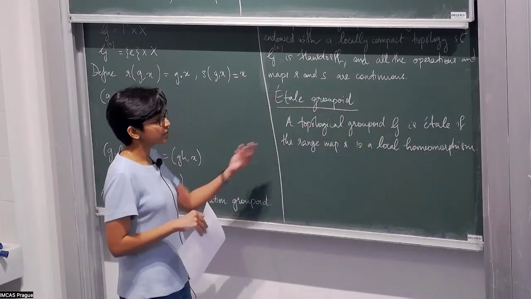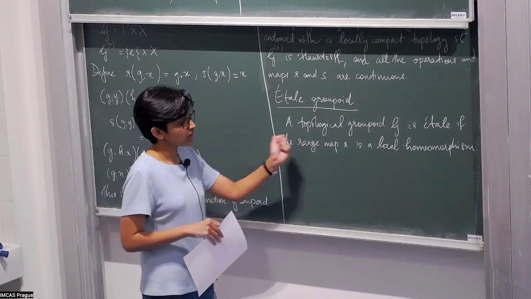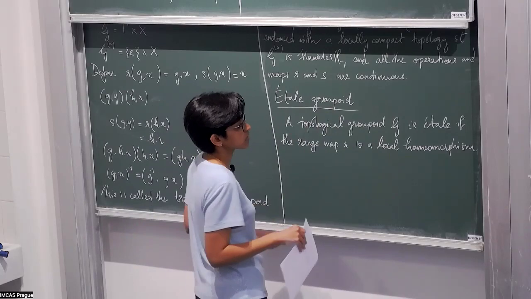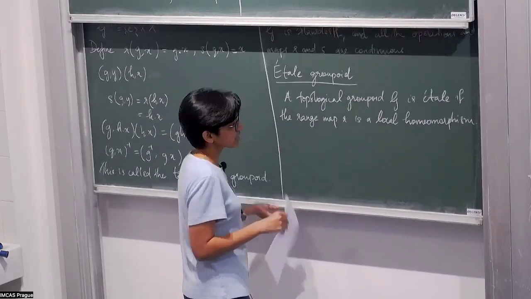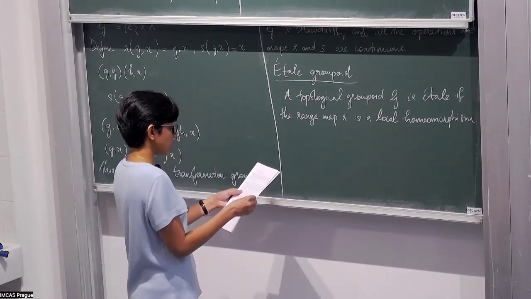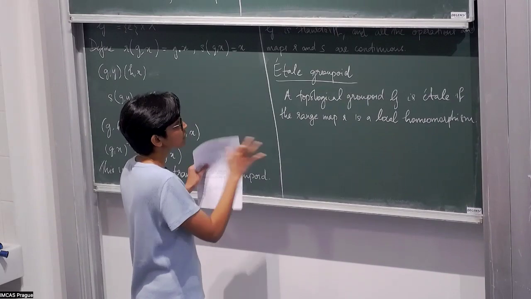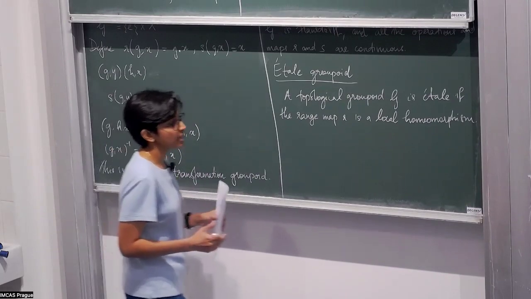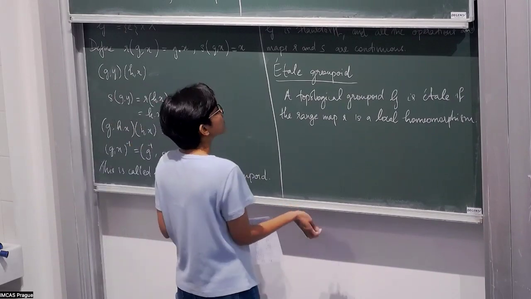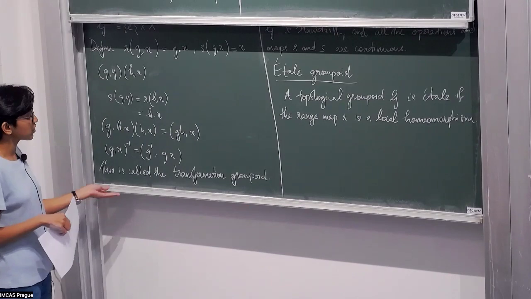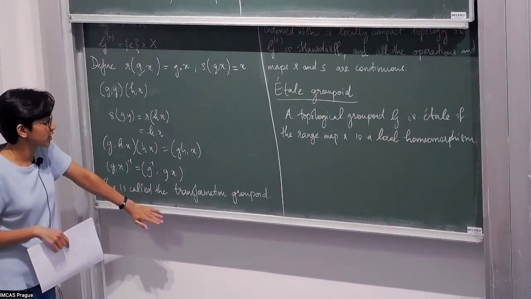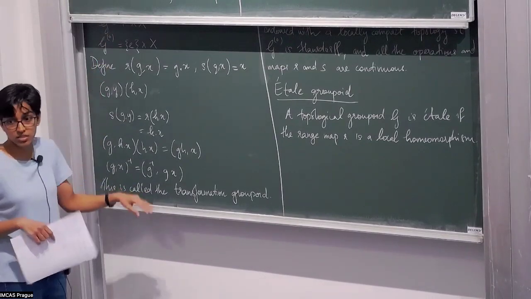So if we have the additional property that our range map is a local homeomorphism, then we call such groupoids étale. And once the range map is a local homeomorphism, we would again have that the source map is also a local homeomorphism. So this is the property that is analogous to being discrete in the case of groups. So in particular, if you look at this example of a transformation groupoid, then this would be an étale groupoid if and only if the acting group gamma is discrete.